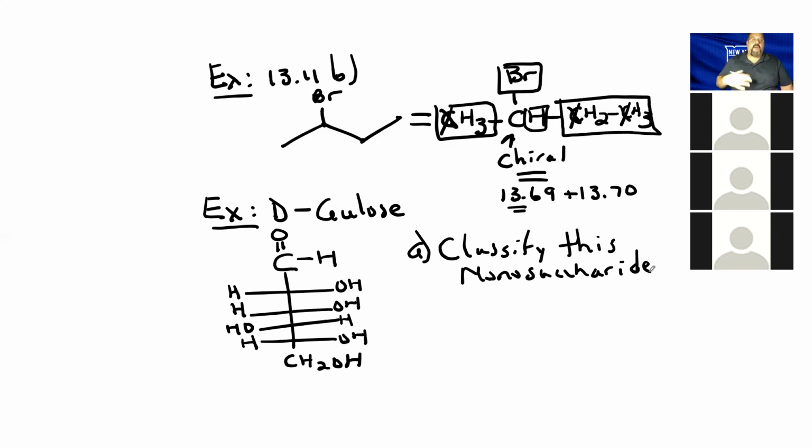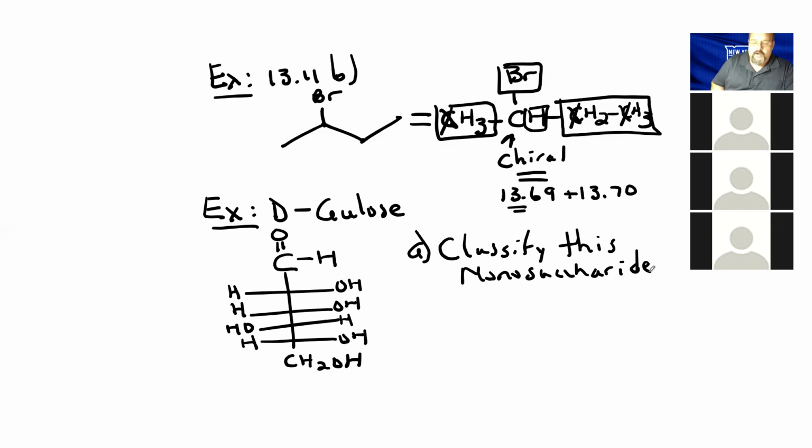Remember, monosaccharides are classified as either an aldose or a ketose, depending on the type of carbonyl group that you have present, whether you have an aldehyde or a ketone, and then also based on the length of carbon chain. 3 carbons, triose, 4 carbons, tetrose, 5 carbons, pentose, 6 carbons, hexose.